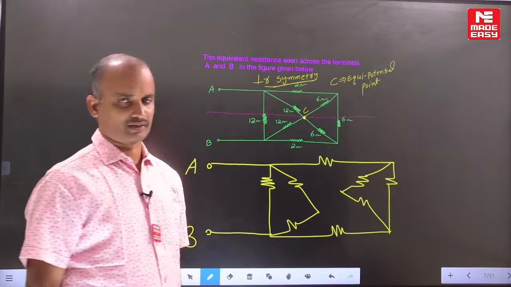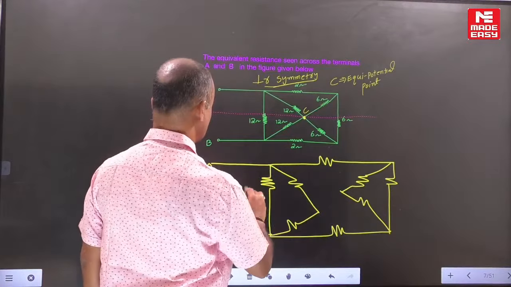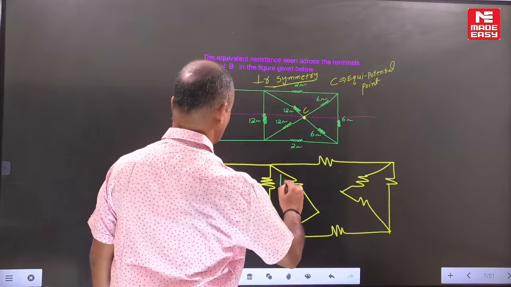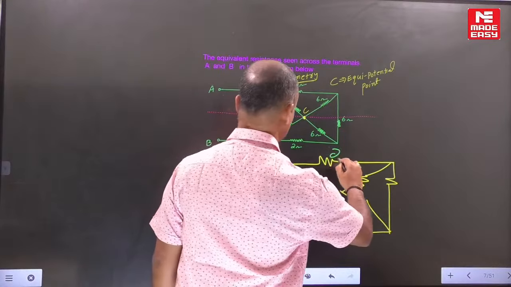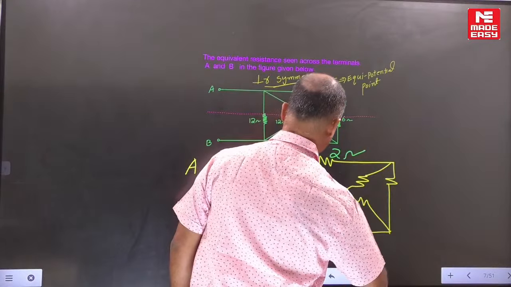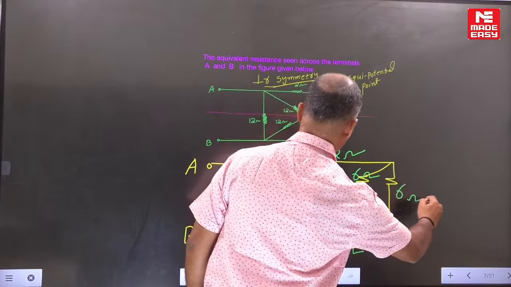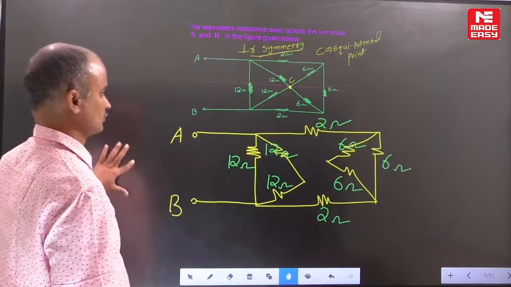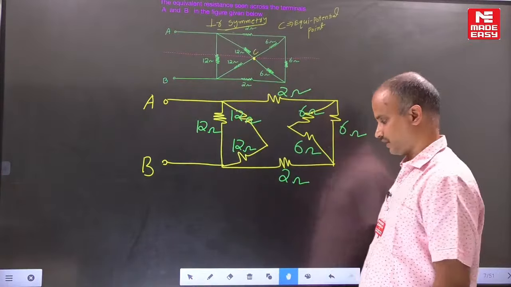Now this joint is disconnected. Now can you write the corresponding resistances? 12. Now this equipotential point is disconnected, and now we can simplify the calculations.